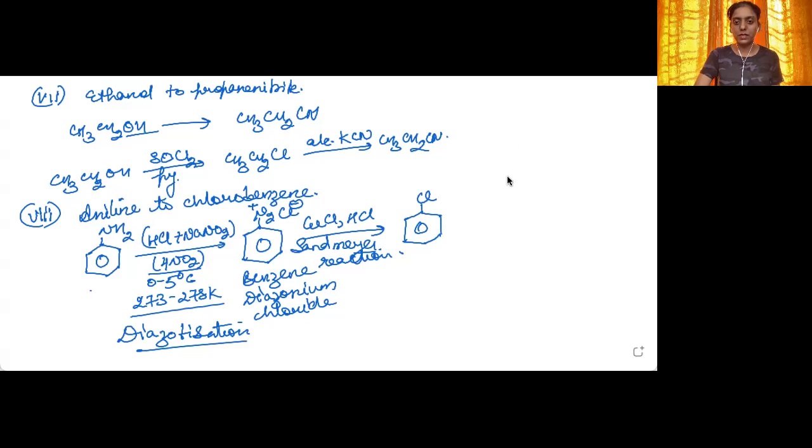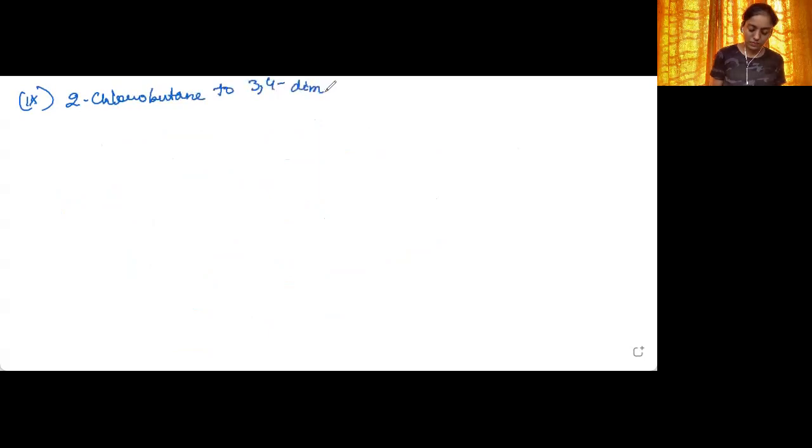That is part number 9. Let's see what the conversion is. The ninth part is 2-chlorobutane to 3,4-dimethylhexane. 2-chlorobutane is CH3, CH2, CHCl, CH3.